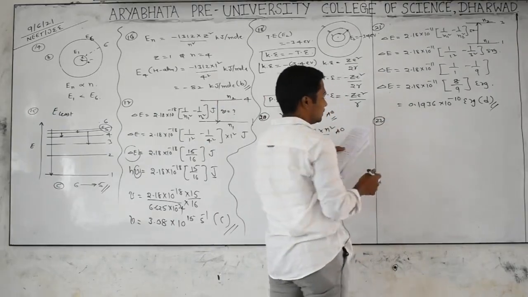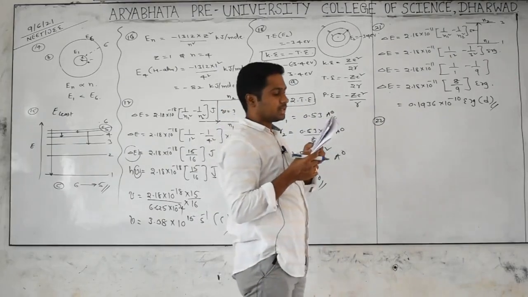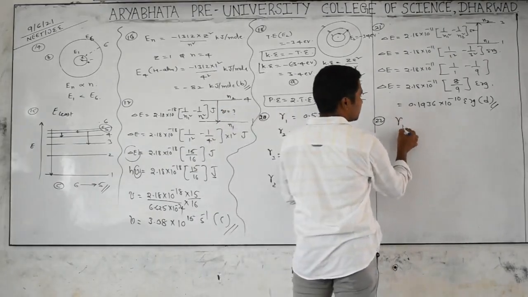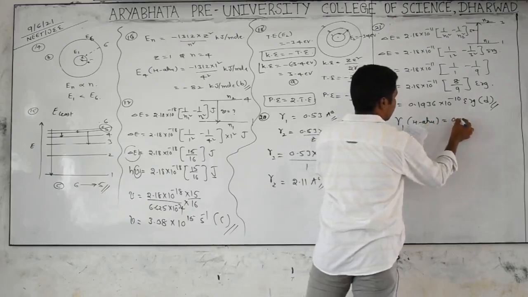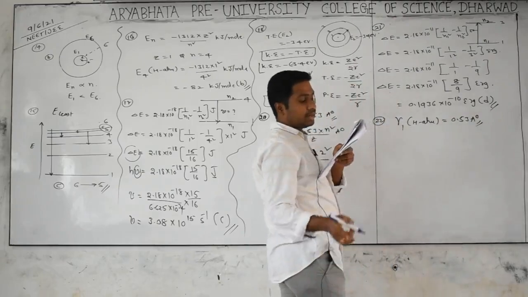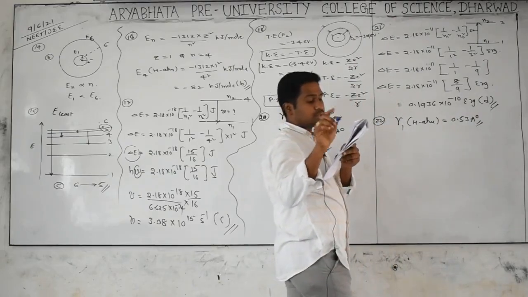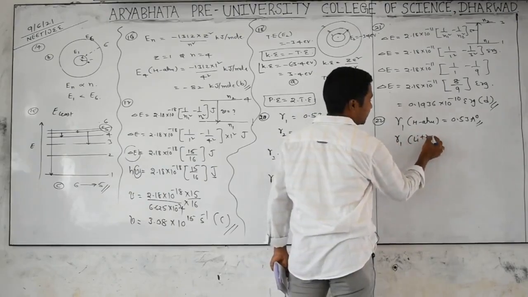Next, go for question 22. What is the question? Read. The radius of the hydrogen atom in the ground state, that is, the first level in hydrogen atom, is 0.53 angstrom units, and it asks for the radius of Li plus 2 in the same orbit, the first orbit.